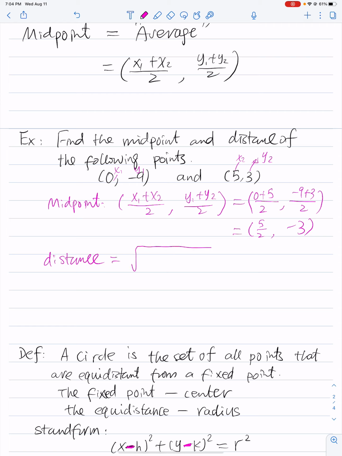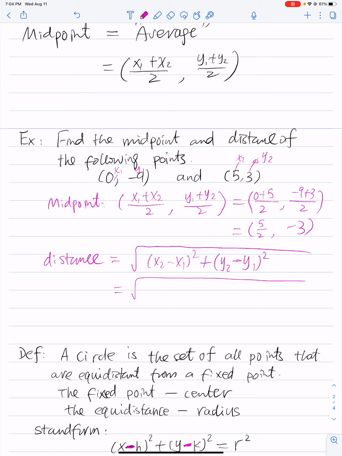So it's the square root of x2 minus x1 squared plus y2 minus y1 squared. So we plug it in.